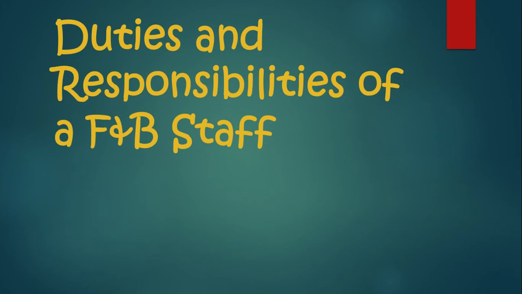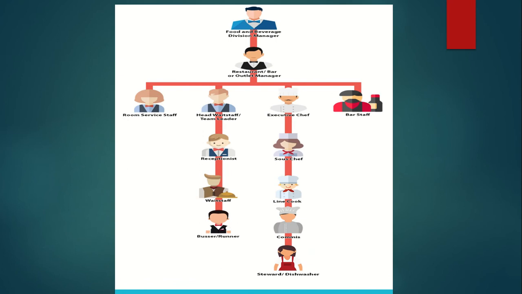So next topic is duties and responsibilities of F&B staff. Here, this is an example of an organizational structure of a food and beverage establishment. On the top, we have here Food and Beverage Division Manager.